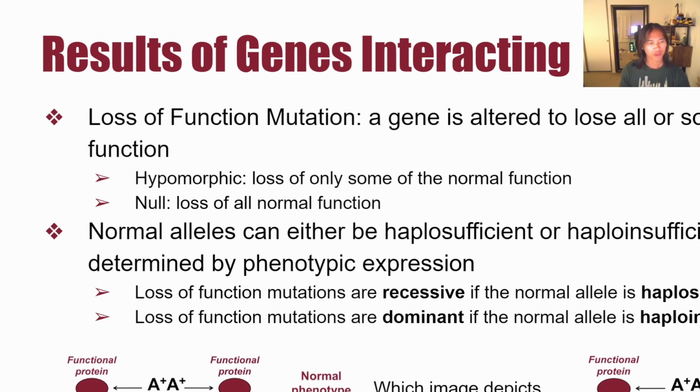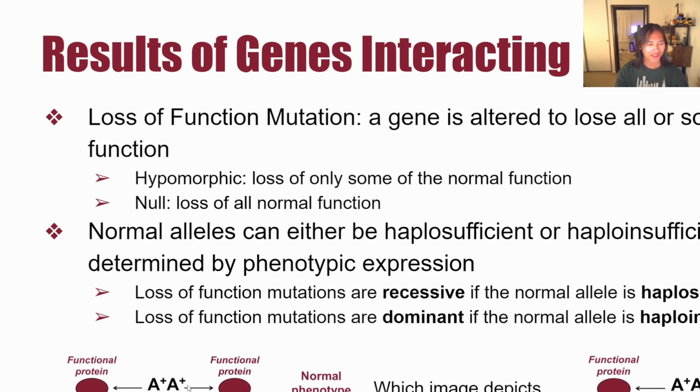In addition, normal alleles can be defined as either haplosufficient or haploinsufficient, depending on how their phenotype is expressed. For example, loss of function mutations are recessive if the normal allele is haplosufficient, and loss of function mutations are dominant if the normal allele is haploinsufficient.